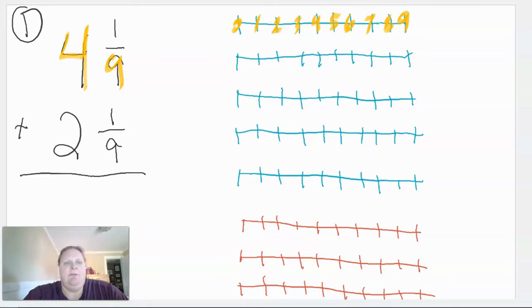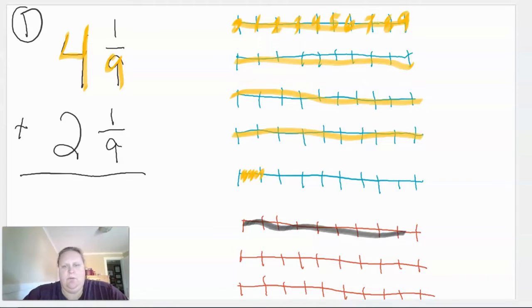And now there are 4 wholes. 1, 2, 3, 4, and then 1/9. And then now we have 2 wholes. 1, 2, and 1/9.